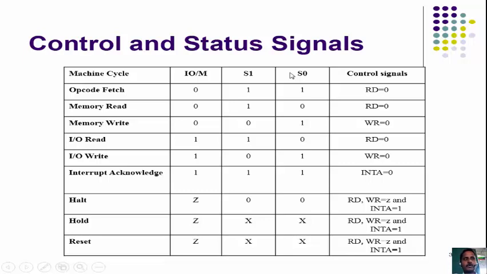Either the processor is busy in the opcode fetching cycle, or in the memory reading cycle, or it is working with the memory writing cycle, or it is storing some data in the memory, or taking some data from the input peripheral or sending some data to the output peripheral, or it gets interrupted by the external interrupt signal. Likewise, depending on the status with S0, S1 and IO/M bar, we can check the different operations running with the microprocessor.